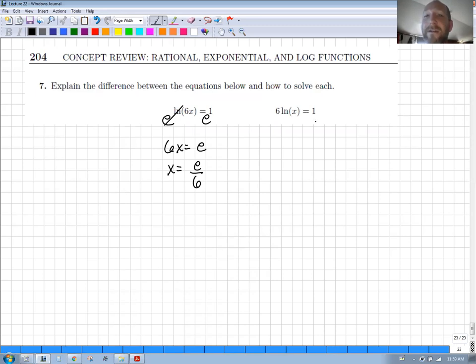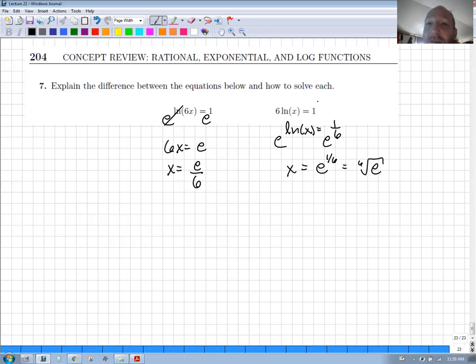This one over here on the right, we divide both sides by 6. Now we do e to the power of, so we got x is e to the 1/6 power, or the 6th root of e. All right, so totally different.